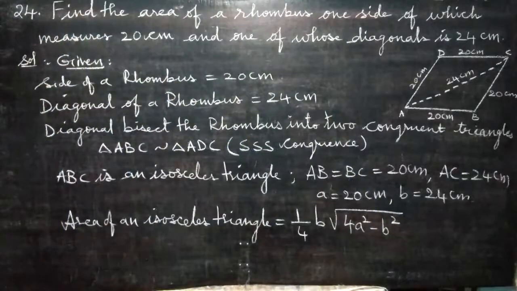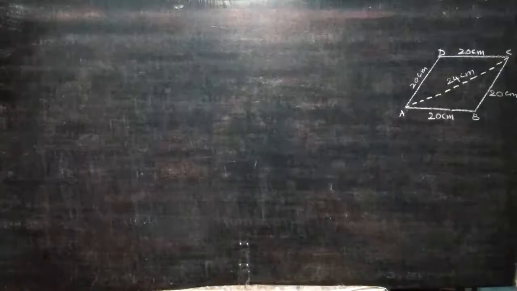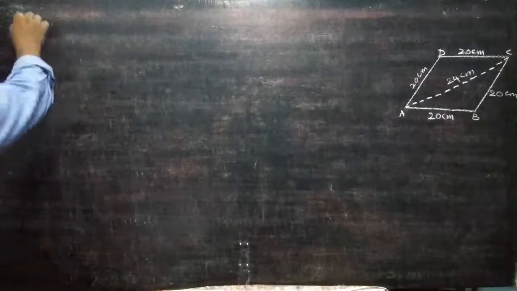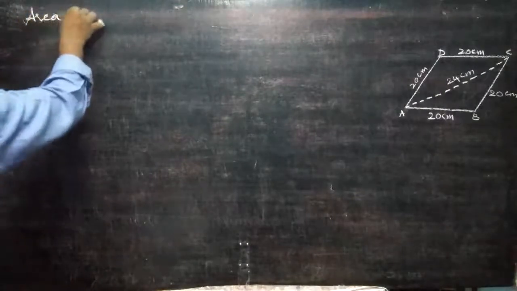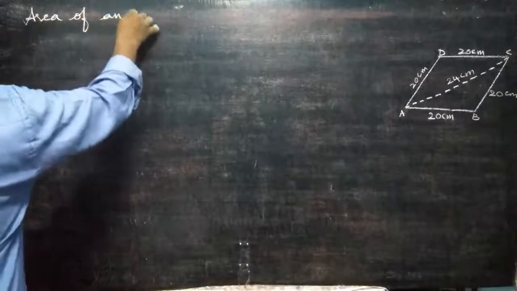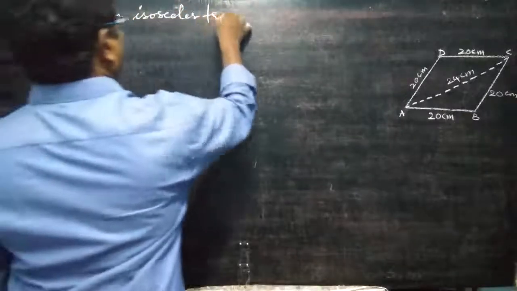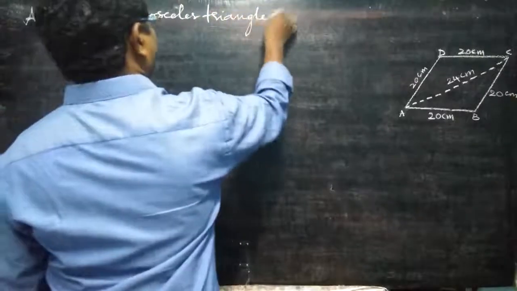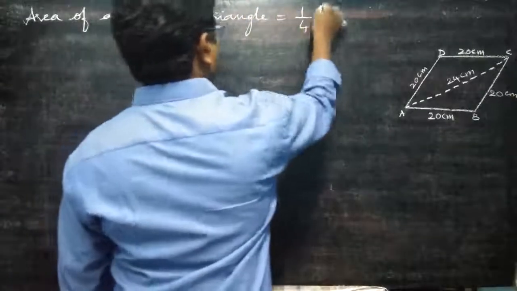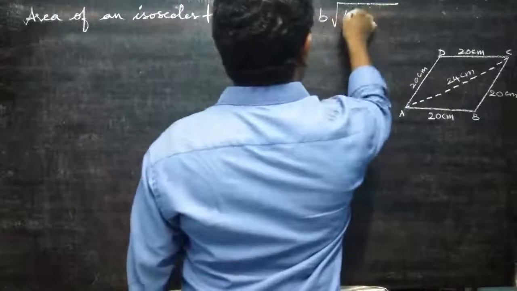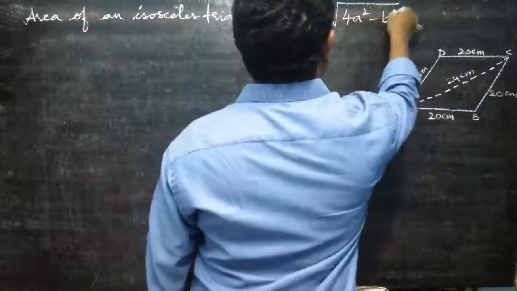So read and learn formulas nicely. So what is the formula for area of an isosceles triangle? Once again, 1 by 4 into b square root of 4a square minus b square.